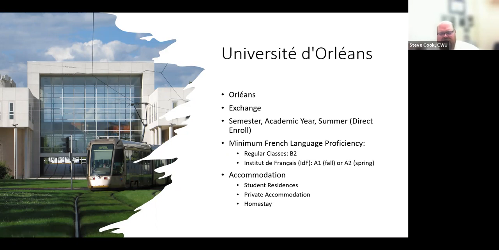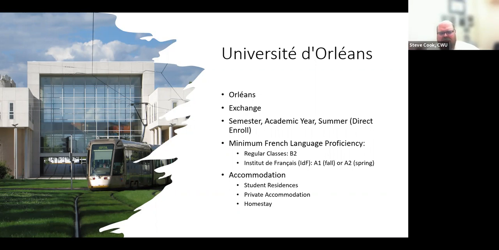For the exchange, students can go for a semester or academic year. And the French semester or French academic year does roughly conform to the CWU or US academic year in terms of structure and rough dates, excuse me.